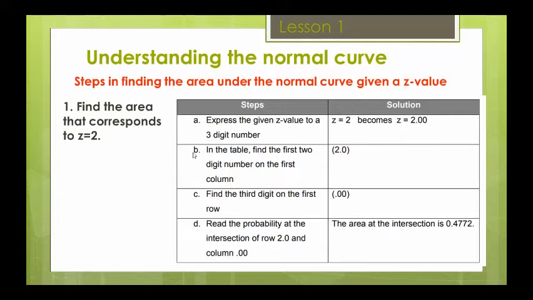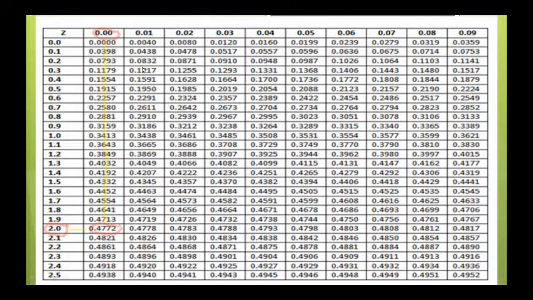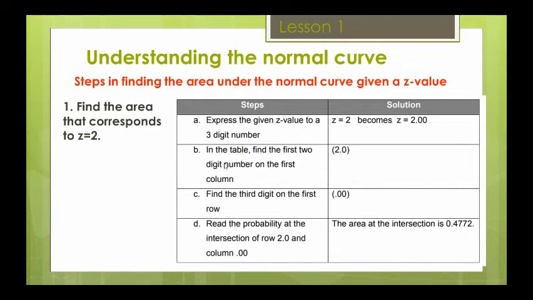And the next step, in the table, find the first 2-digit number on the first column. Okay, so first column, the first digits are 2.0. So down here, nandito po yung 2.0. And then next step, find the third digit on the first row.